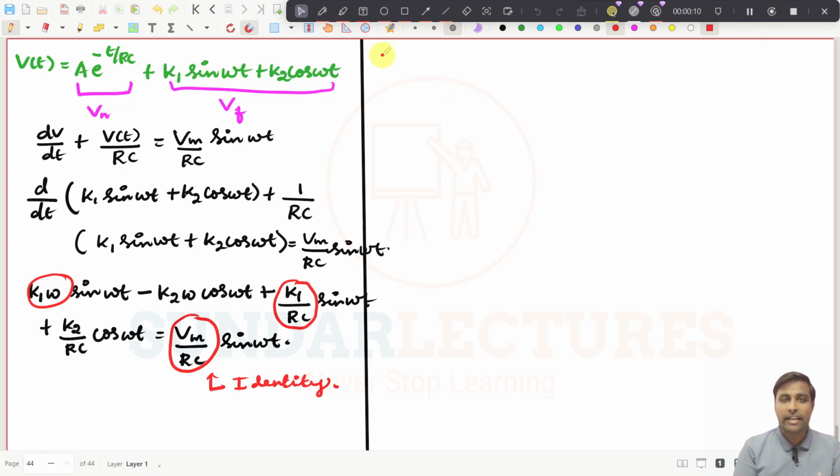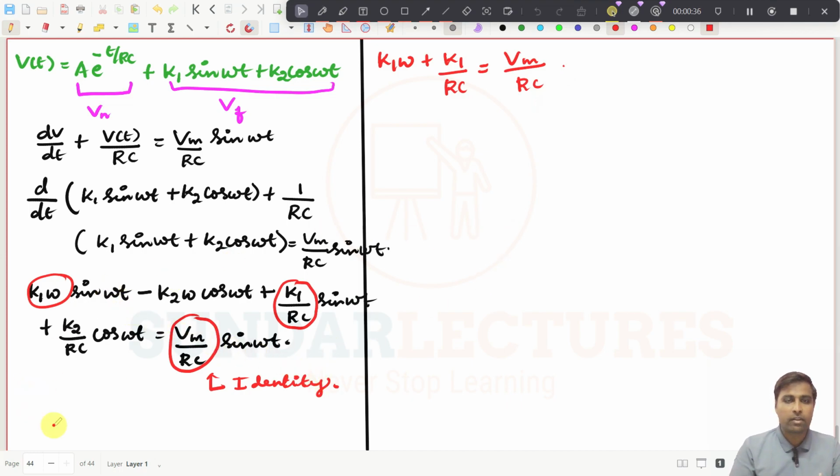So what you can write here, it is k1 omega plus k1, yes it is k1, so it will be k1 by Rc sine omega t, so the coefficient of sine omega t should be equal to Vm divided by Rc.